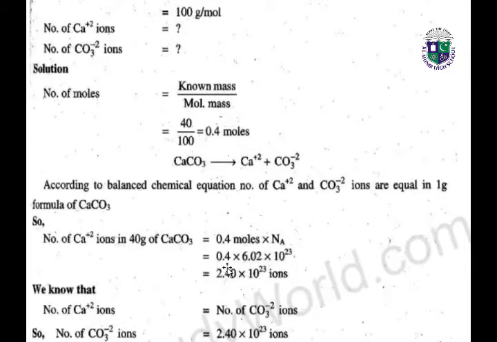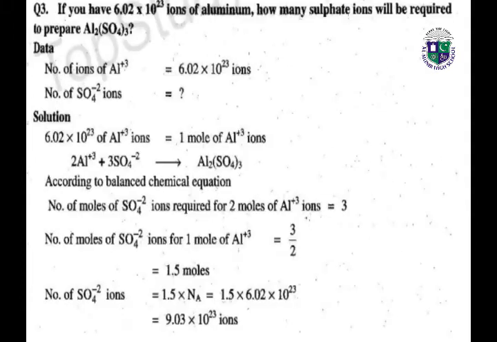So when we multiply it, we get the answer 2.40 into 10 with power 23 ions. We know that number of calcium ions is equal to number of carbonate ions, so number of calcium and carbonate ions is equal to 2.40 into 10 with power 23 ions.